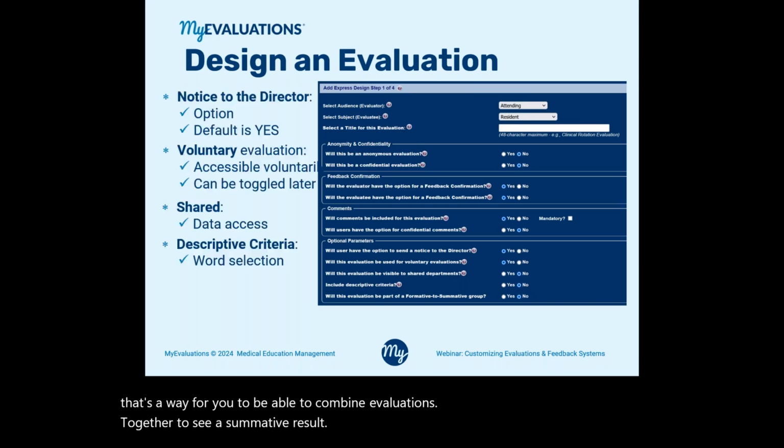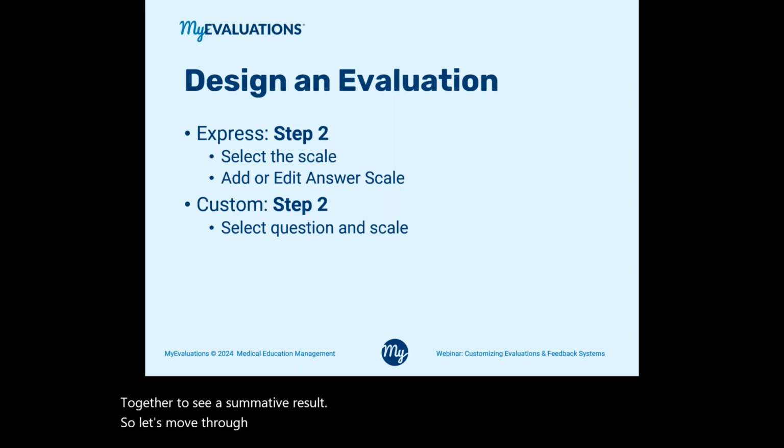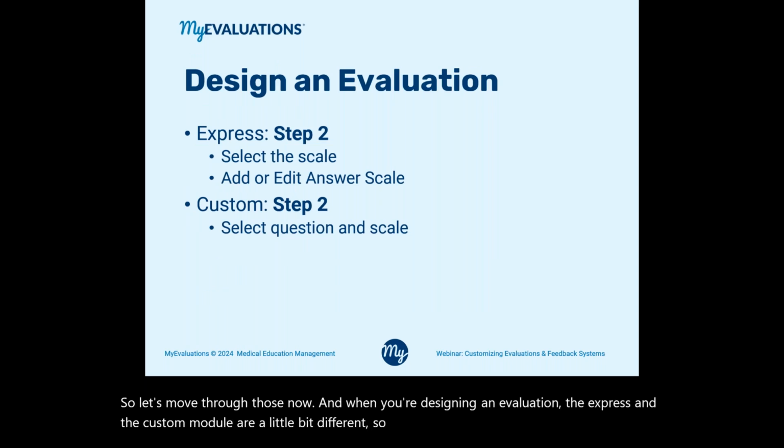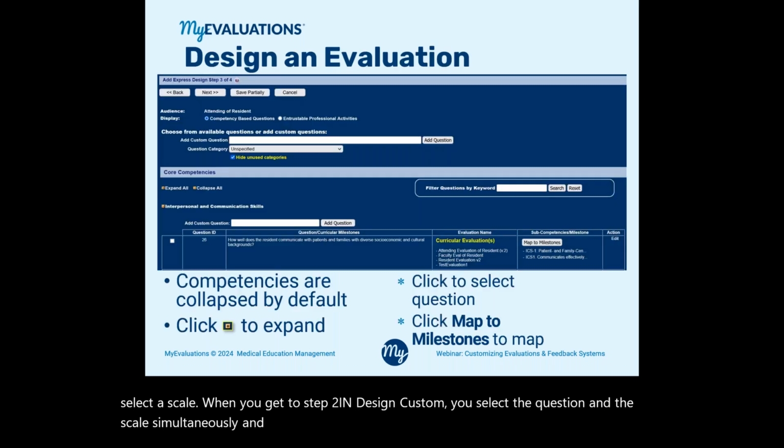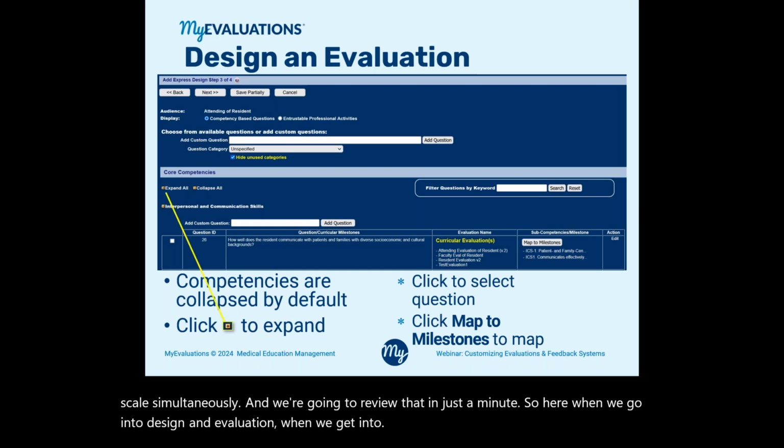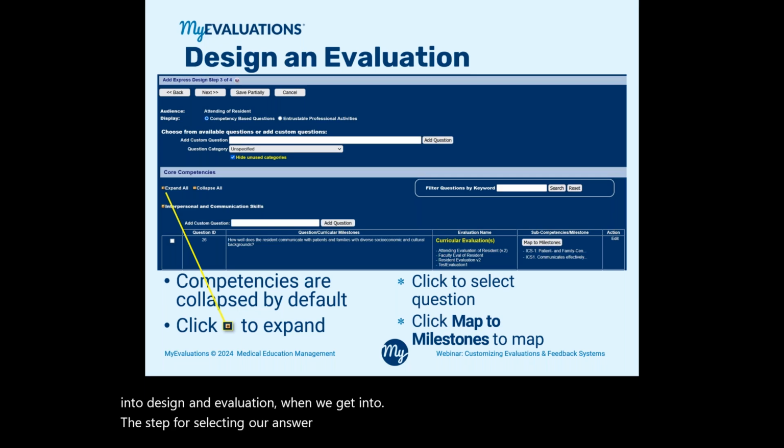So let's move through those now. And when you're designing an evaluation, the Express and the Custom module are a little bit different. So when you get to step 2 in the Express, you select a scale. When you get to step 2 in Design Custom, you select the question and the scale simultaneously. And we're going to review that in just a minute. So here, when we go into design and evaluation, when we get into the step for selecting our answer scales, you'll notice that all the competencies will be collapsed by default.